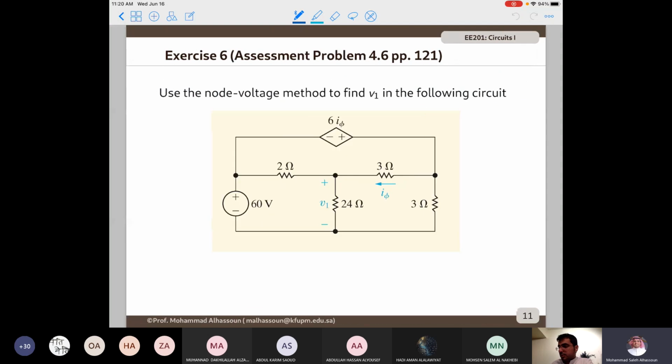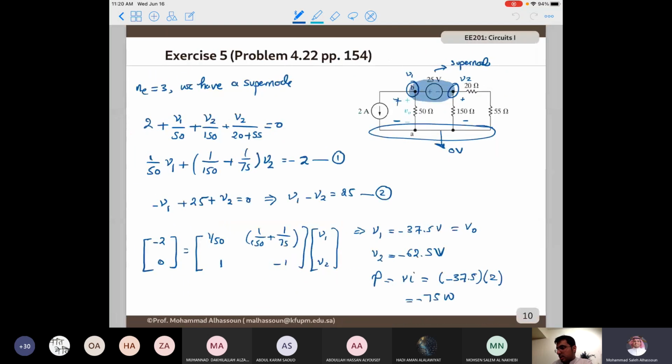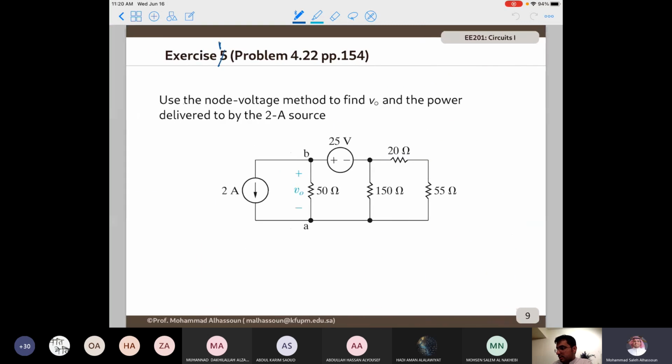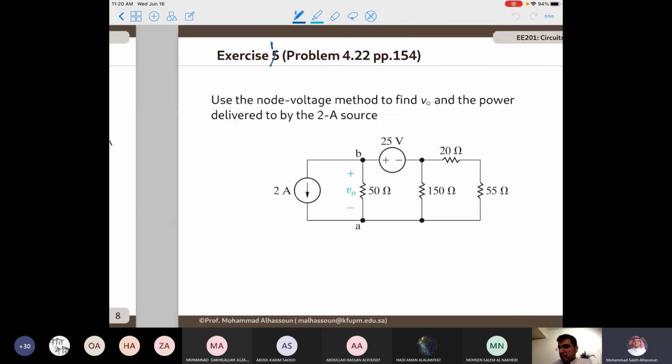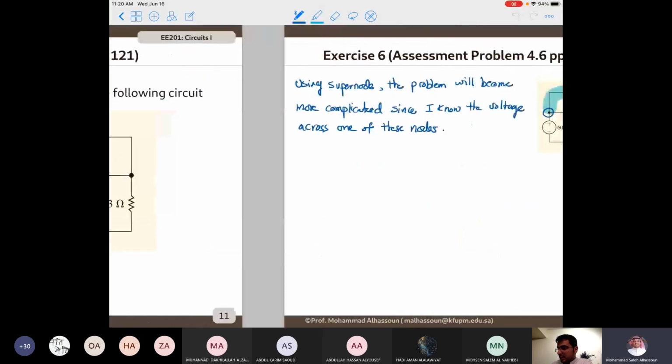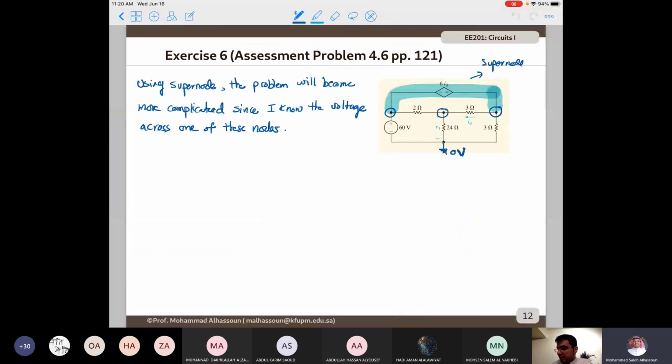So remember what we did when we talked about supernodes. Actually, the situation we have is especially here. I don't know the voltage here, so I'm trying to find the current at this point. But if I try to find the current, I cannot apply Ohm's law because a voltage source can take any current.